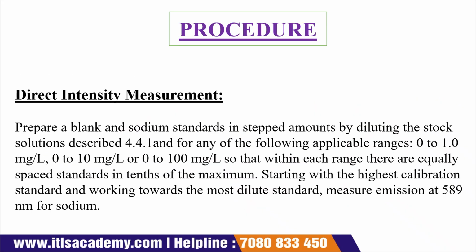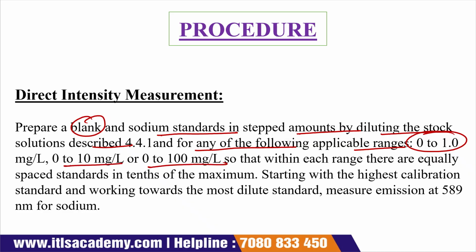Okay, now the next is the procedure. Direct intensity measurement. For this, first of all, we have to prepare a blank and sodium standards in stepped amounts by diluting the stock solution described above for any of the following applicable ranges, that is 0 to 10 milligram per liter, 0 to 100 milligram per liter, so that within each range there are equally spaced standards in tenths of the maximum.